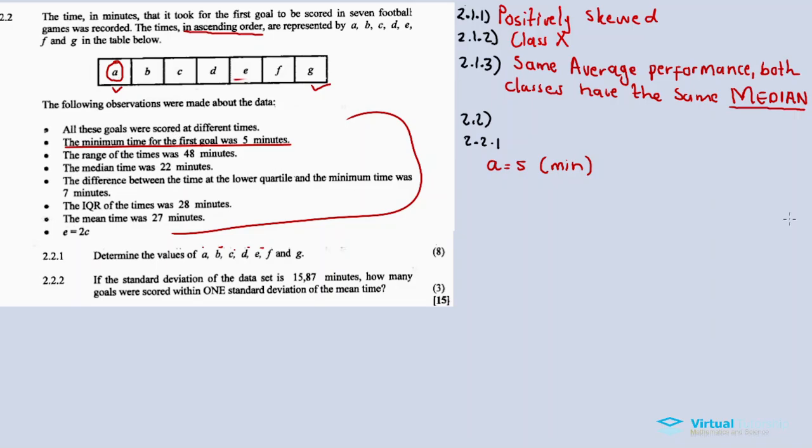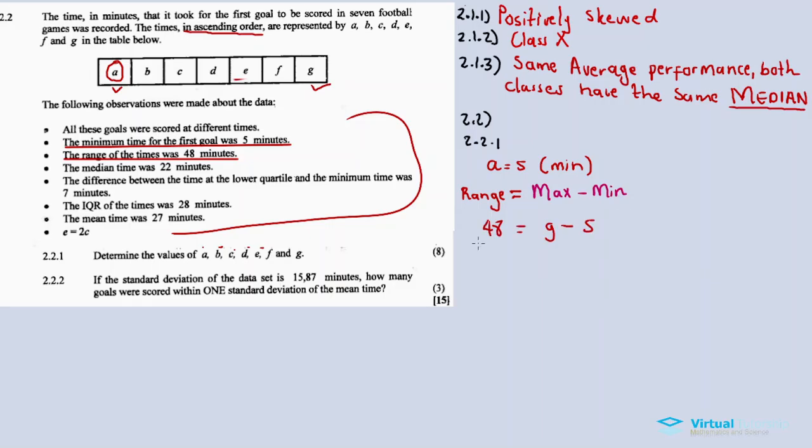So A is found. For the second one, the range of the times was 48 minutes. The range is always calculated as the maximum value subtracted by the minimum value. So I substitute the range, 48, the maximum G, which is unknown, and the minimum A, which is 5.